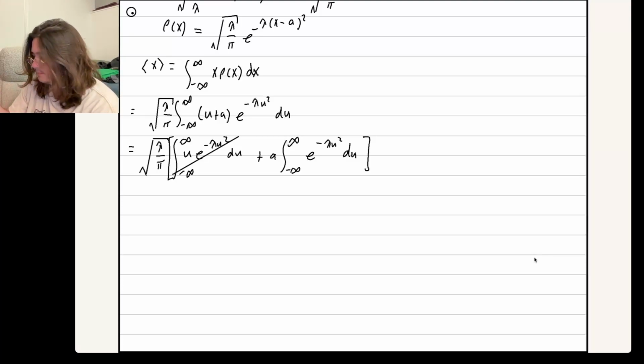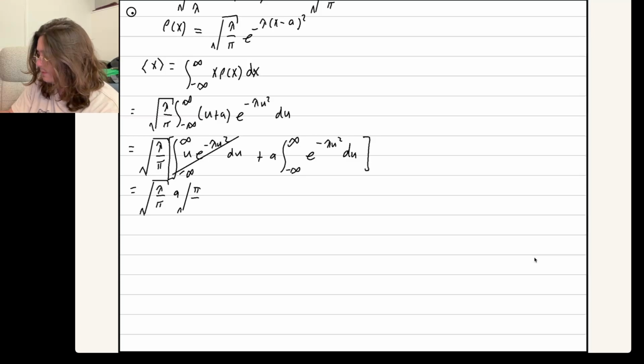And the integral on the right we already did before. We found that it was just pi over lambda under a radical. And so you get that the expectation value is just a. Nice.